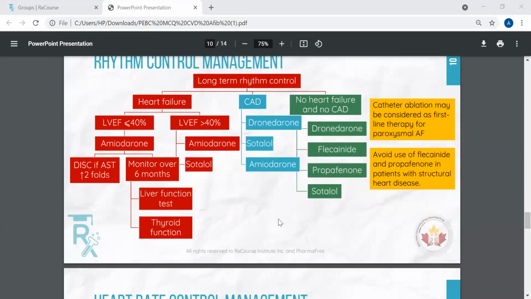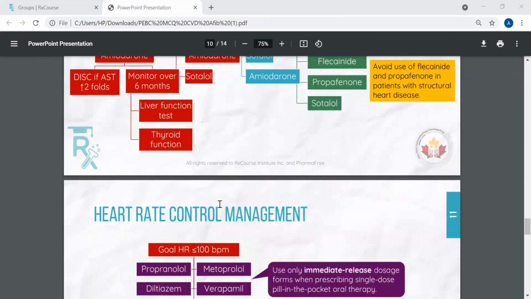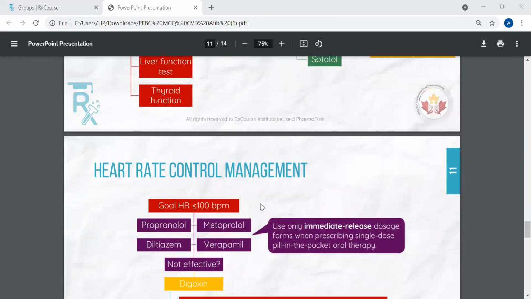Now, with regard to a patient who is diagnosed with atrial fibrillation, what is my main goal? To control the heart rate or the rhythm control? There is no preference. It's according to the patient's choice. I think there is no preference between the rate and the rhythm.